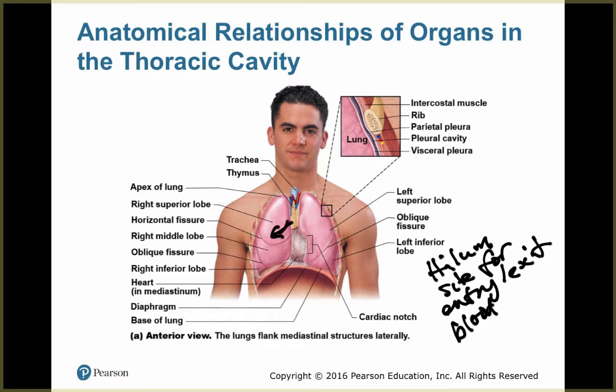You can see where the blood vessels are coming in. That's where your bronchi, lymphatic vessels, and nerves, all the entry sites, are, on the mediastinal area, but towards the back you can't really see it.